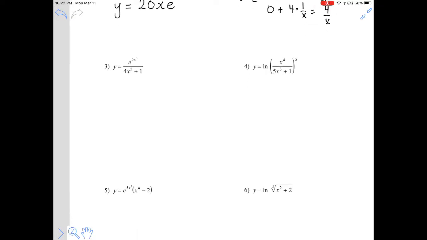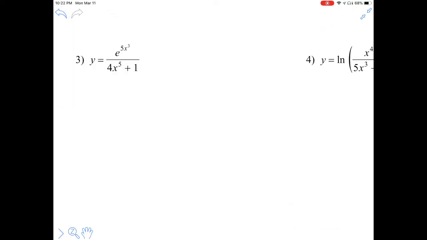Question 3, we're going to have to use the quotient rule. So it's the bottom function times the derivative of the top function.